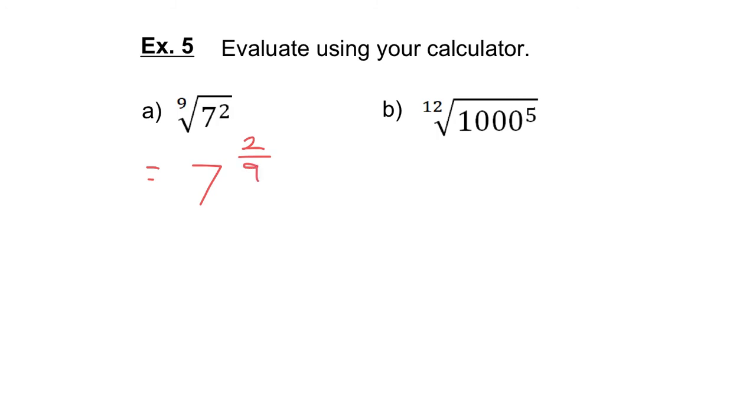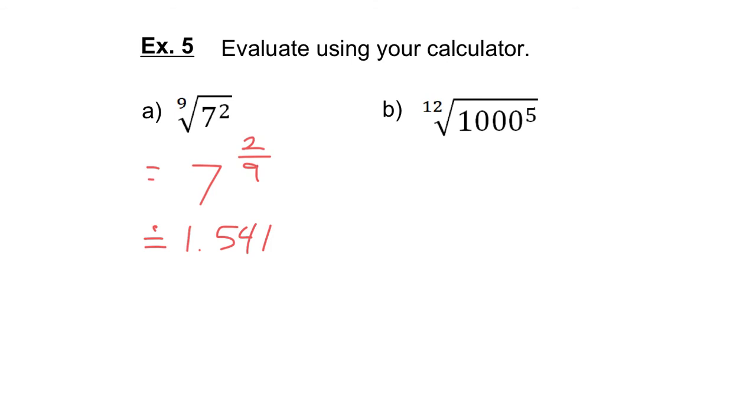So you need to be careful when you type that into your calculator. You'll have to type 7, press your exponent button, and then remember, in brackets, write 2 divided by 9, and then close your brackets, hit equals, and you're going to get something approximately equal to 1.541. I rounded it there.